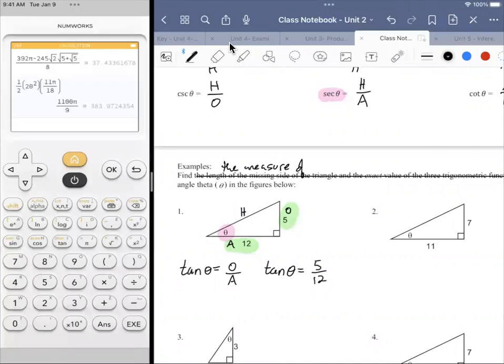I have a whole unit on inverse functions, but for now, I'm just going to say very simply, if I want to find theta, I'm going to apply a rule. We did this in unit 1.